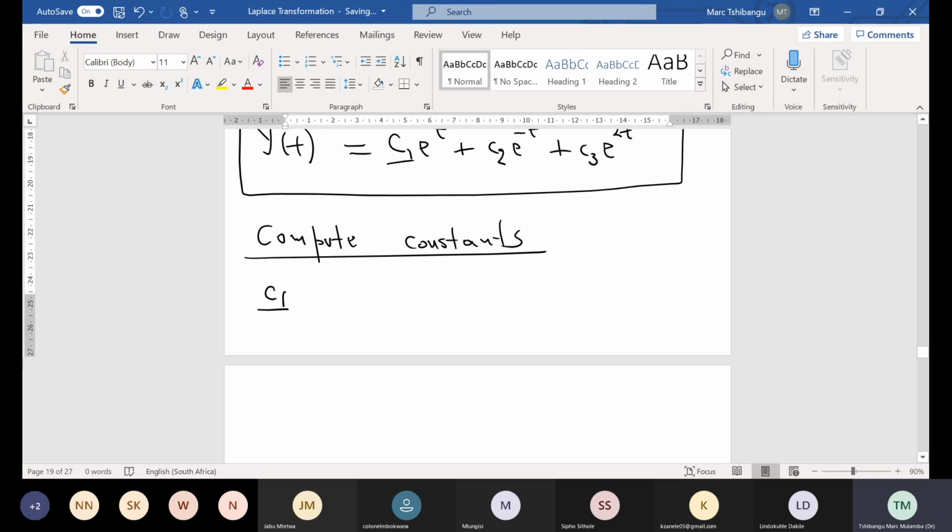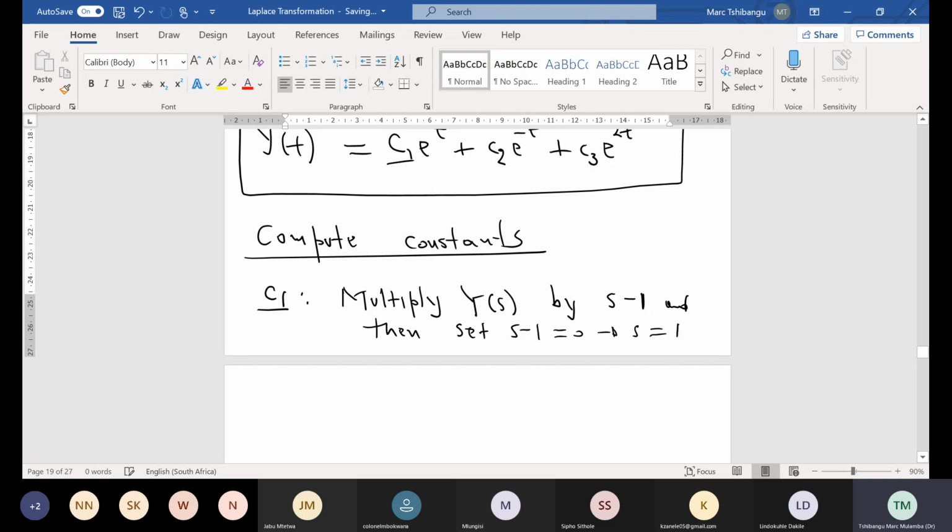So what you're going to do is multiply the Y of s function by s minus 1, because it is the denominator of C1, and then set s minus 1 equal to 0 so that s will be equal to 1.